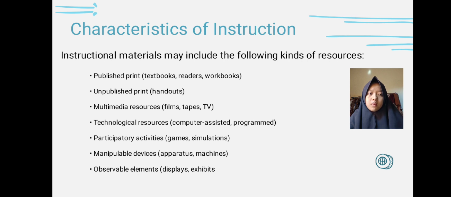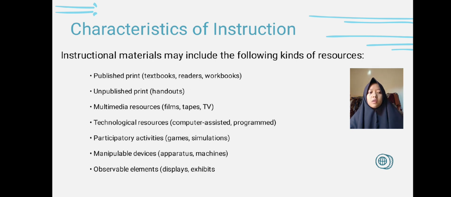And next, I will explain about characteristics of instruction. Instructional material may include the following kinds of resources. Number one is published print, like textbooks or workbooks. Then unpublished print, like handouts, and multimedia resources, which you can find on film, tape, or television.